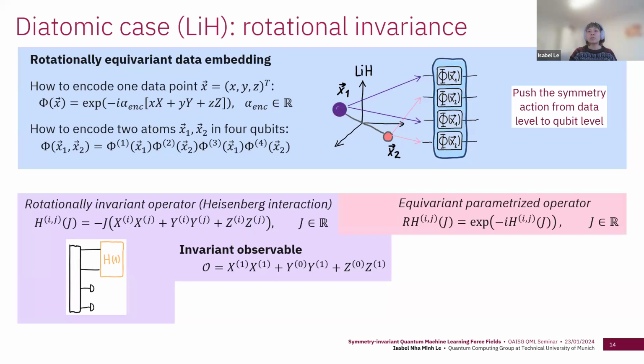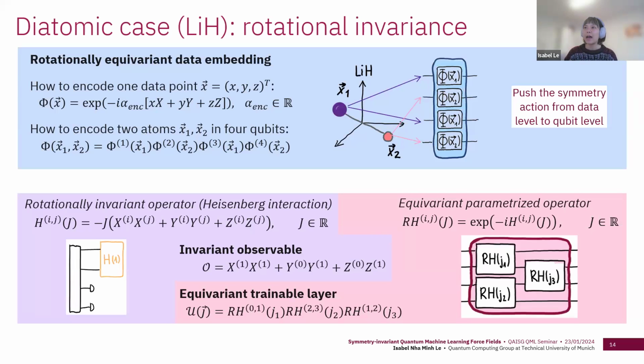And furthermore, we can obtain an equivariant parametrized operator by exponentiating this Heisenberg interaction. So this is how we call our summand. And by combining this exponentiated operator for different pairs of qubits, we can design our equivariant trainable layer. This is also shown here, indicated in this picture.